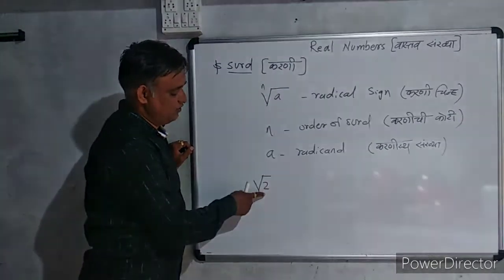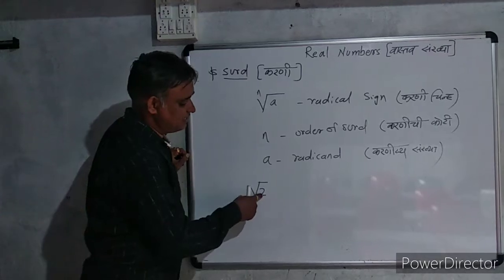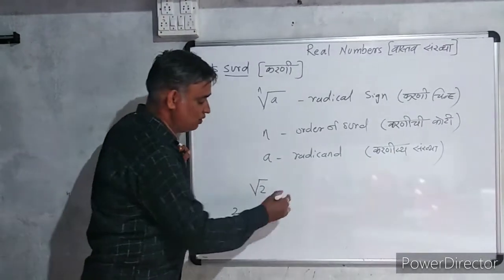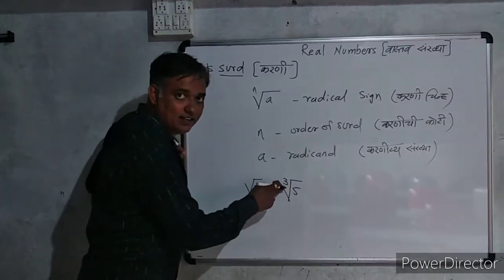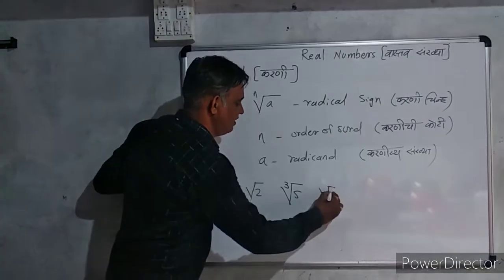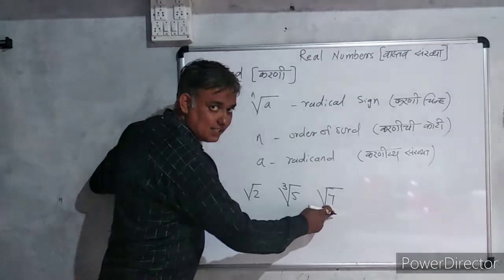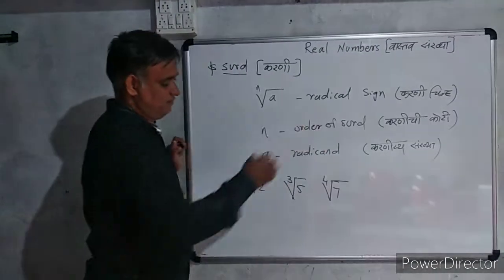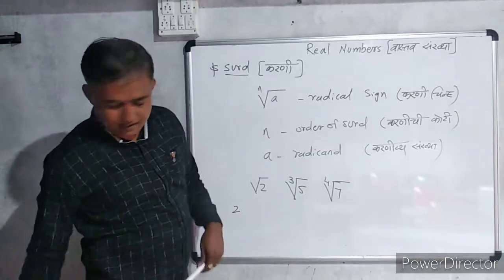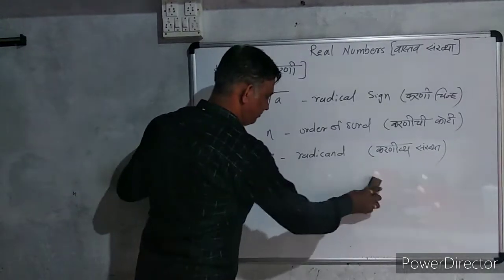So we can read it as radicand 2 of order 2. Radicand 5 of order 3. Radicand 7 of order 4. That way we can read the surd.